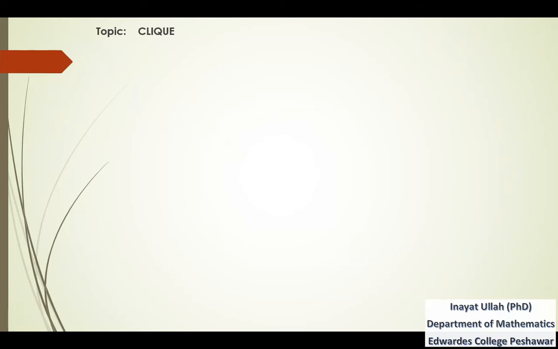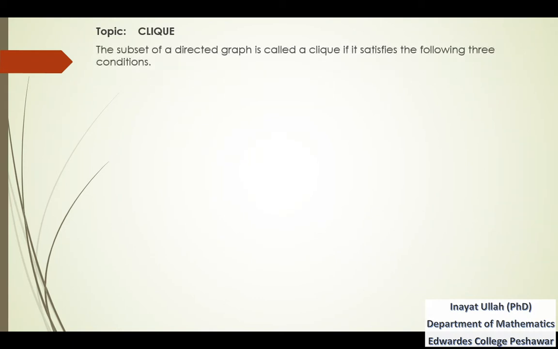The last topic of this lecture is clique. That is not click but clique. What is a clique? That is actually a subset of a directed graph. If we take a subset of a directed graph, what does it mean?